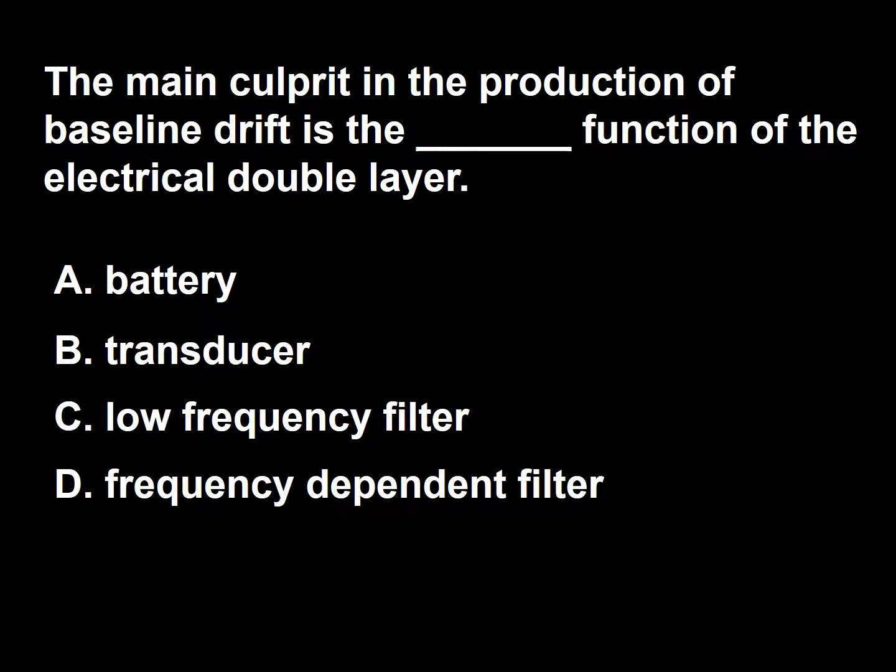The next question is: the main culprit in the production of baseline drift is the function of the electrical double layer. A, battery; B, transducer; C, low frequency filter; D, frequency dependent filter.